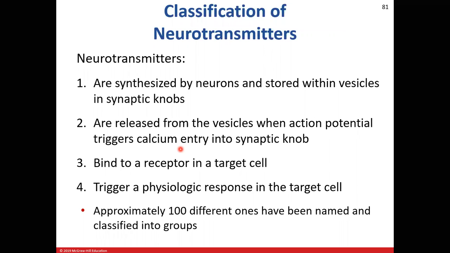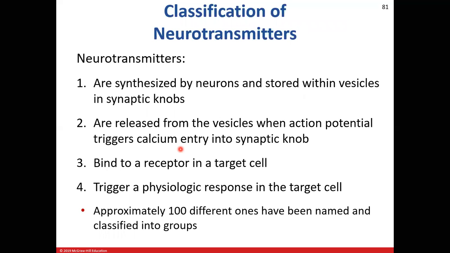So let's look at these neurotransmitters. Neurotransmitters are synthesized by the neurons, and they're stored within the vesicles in a synaptic knob. In the muscle cell, we talked a lot about acetylcholine. That is one example of a neurotransmitter. Norepinephrine, which we've touched on periodically, is also an example of a neurotransmitter.